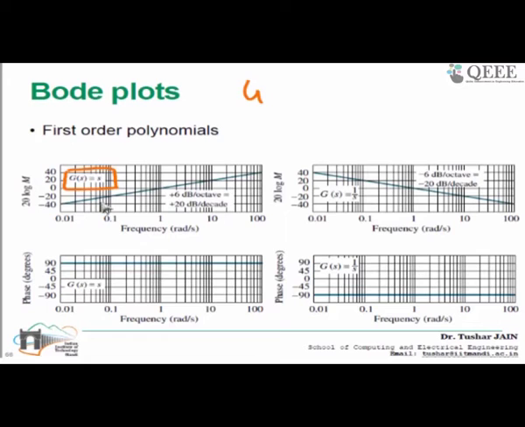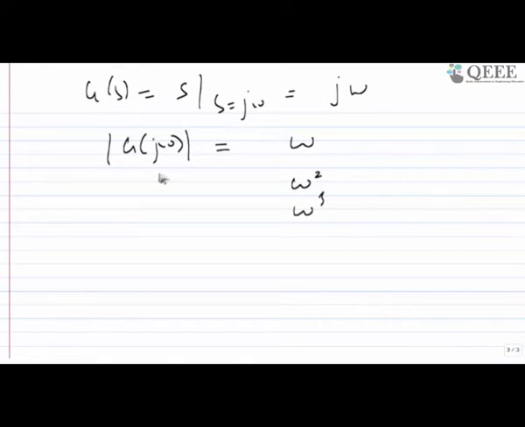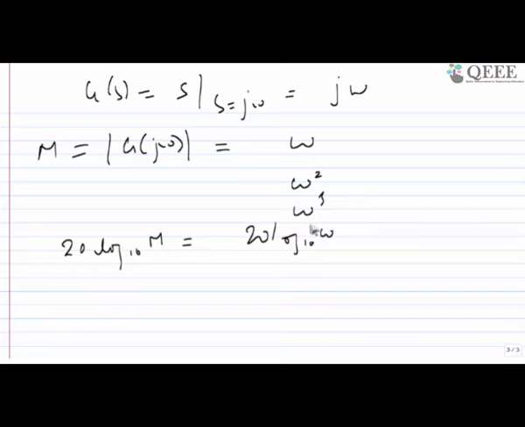So if I have G(s) equal to s, let's go back to here once again. If I take 20 log base 10 of M, it gives me 20 log base 10 of omega. This is my x-axis, and this is my y-axis, which says y is equal to 20x.